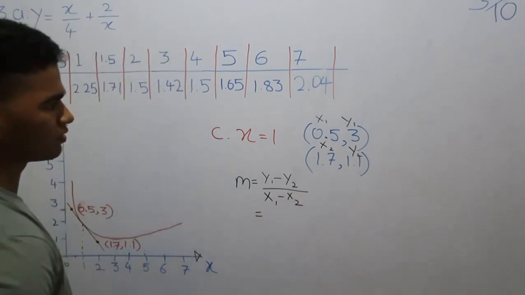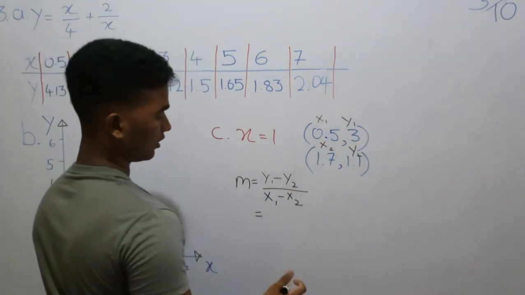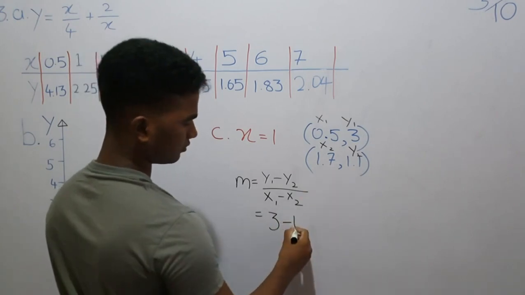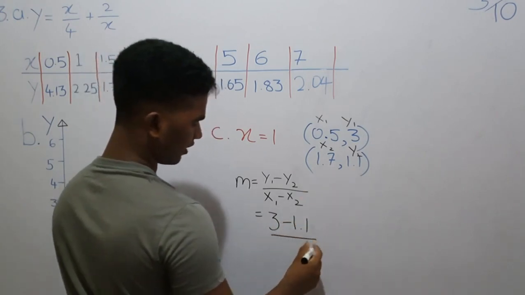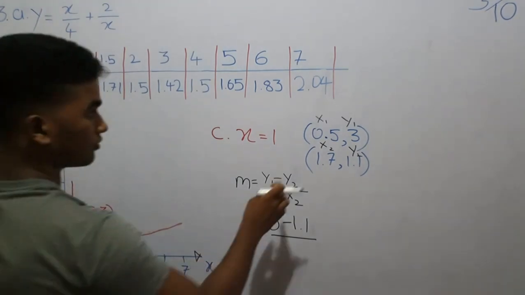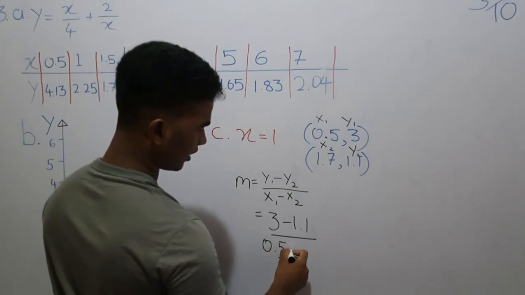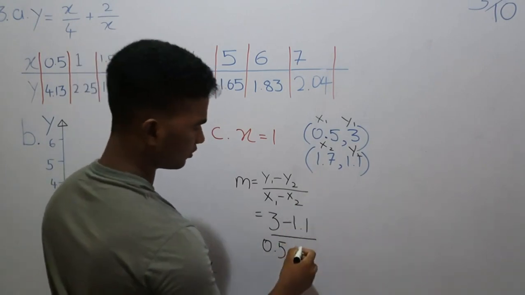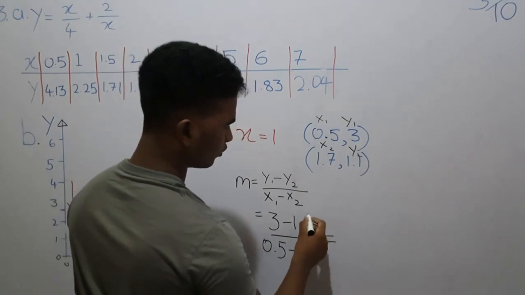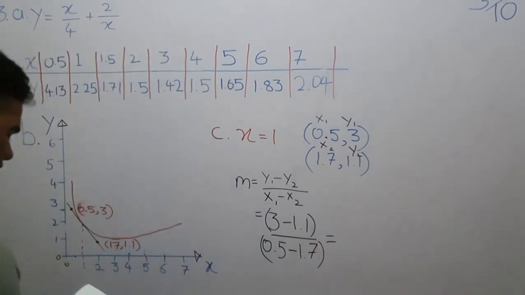So y1 is 3 minus y2 is 1.1, whole thing divided by x1 is 0.5 minus x2 is 1.7. So straight away put it in the calculator and get the answer.